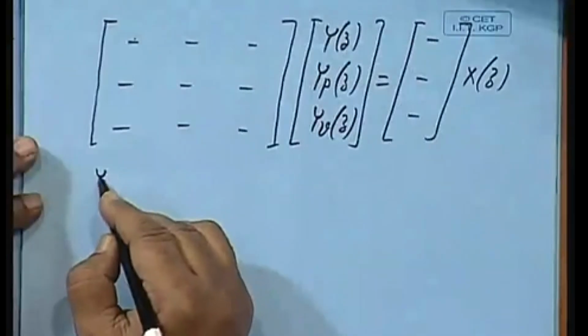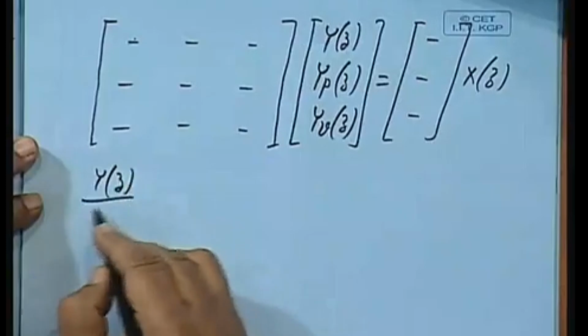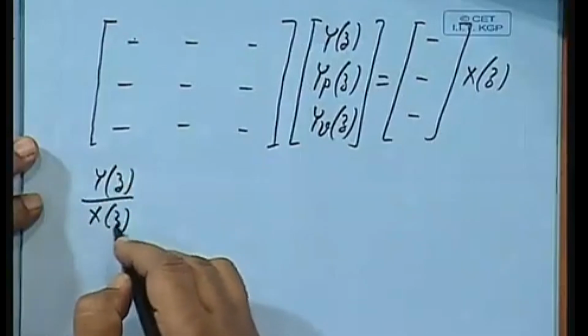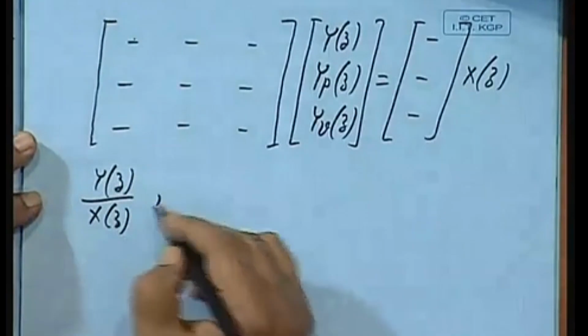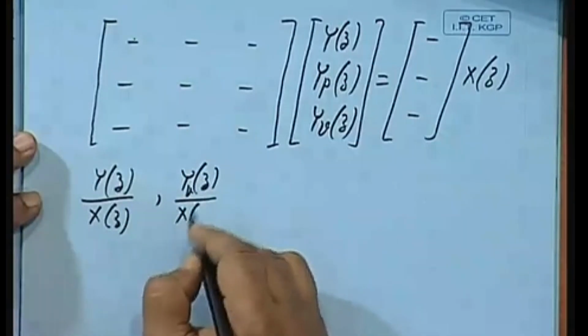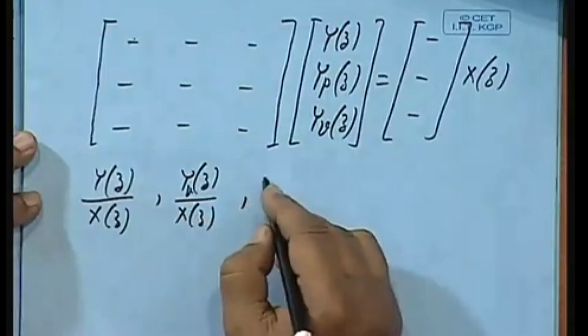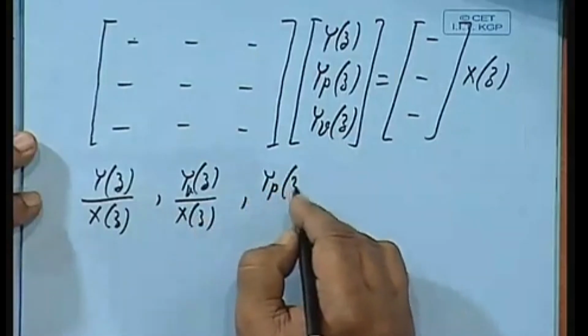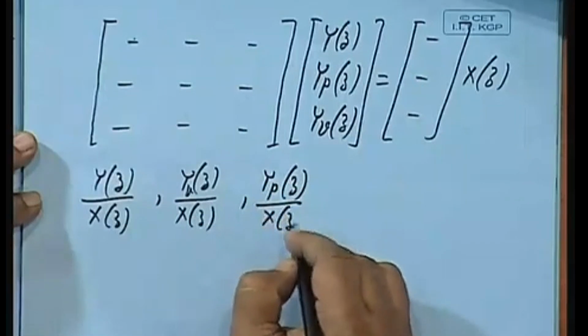So, it is a very simple matrix equation. You can find out Yz by xz, you can find out Yvz by xz, you can find out Ypz by xz. Try it at home.